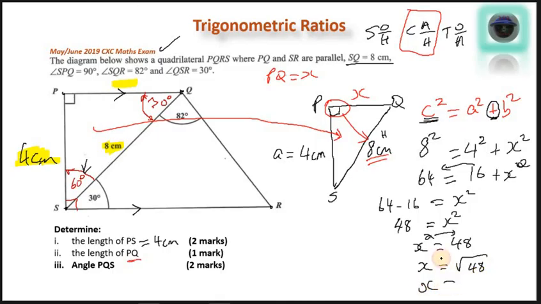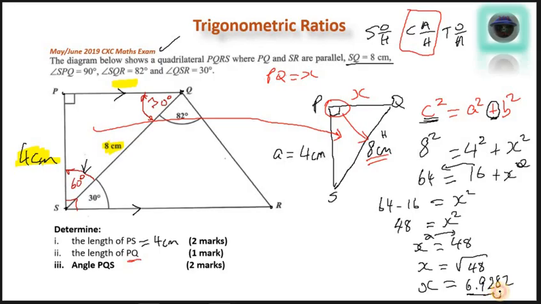Let's find the square root of 48. That will be approximately 6.928, etc. Now, let's assume that they ask us to round to 3 significant figures. 6 is the first, 9 is the second, and 2 is the third significant figure.